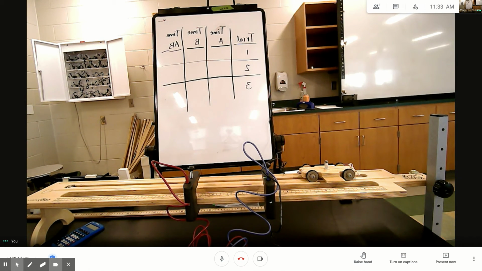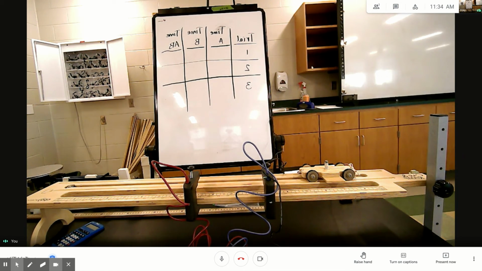This is like, if nothing else is impacting our car as it accelerates across the ramp, then this is the acceleration we should get. I'll let you figure that out. I'll give you a hint though: your answer should be between 2 to 3 meters per second squared. If you get an answer outside of that range, then double check your math and see if you made a mistake.